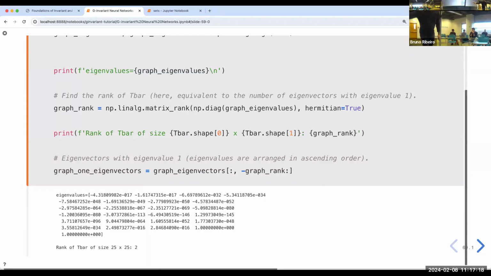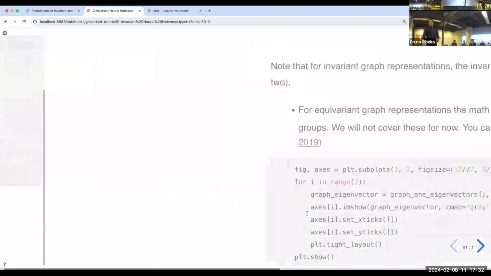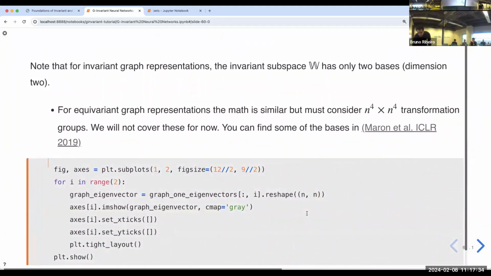The T bar looks like this. These are the eigenvalues, okay? And the rank of this T bar for a graph of size 25 by 25 is 2. What do they look like? What do the eigenvectors look like?